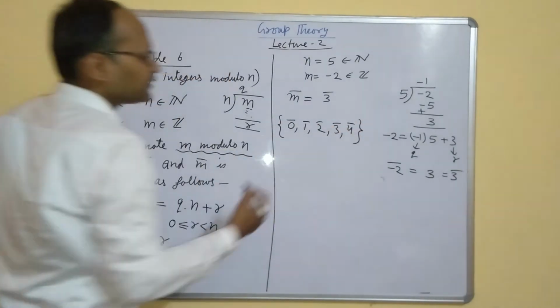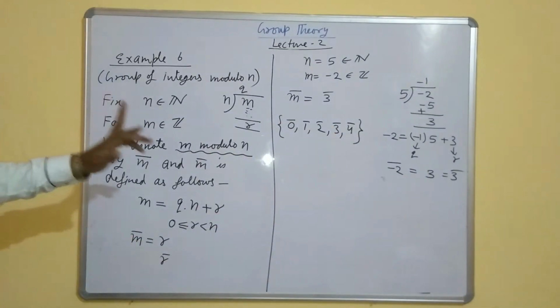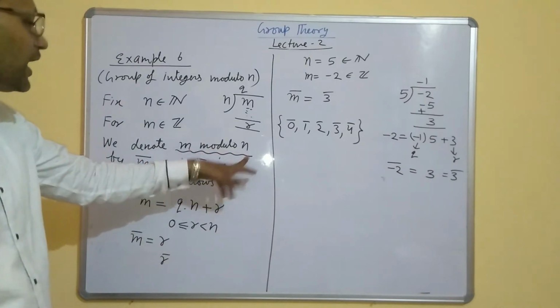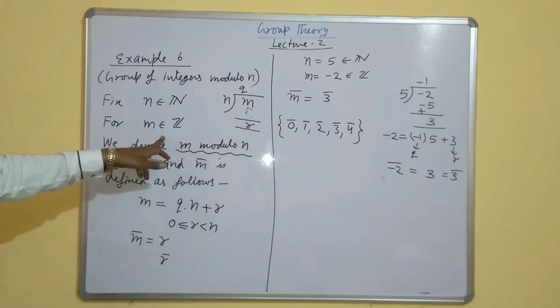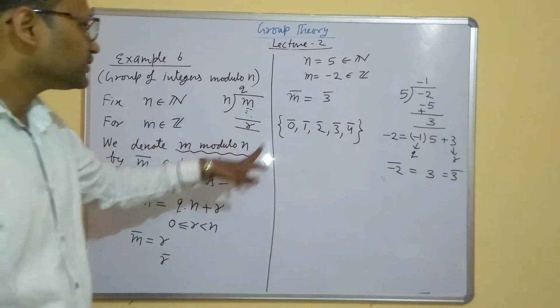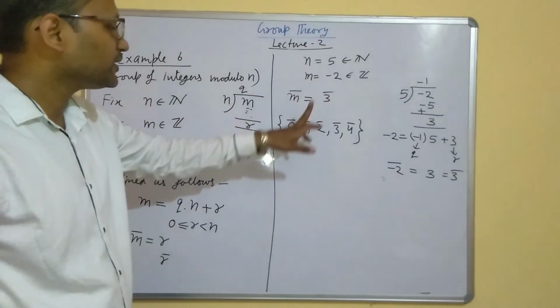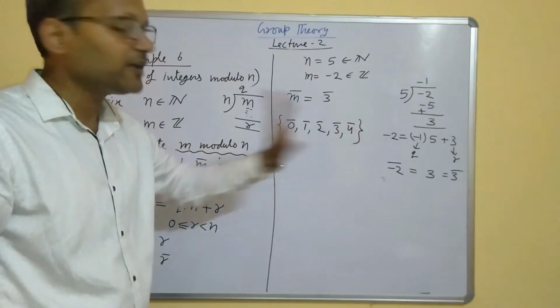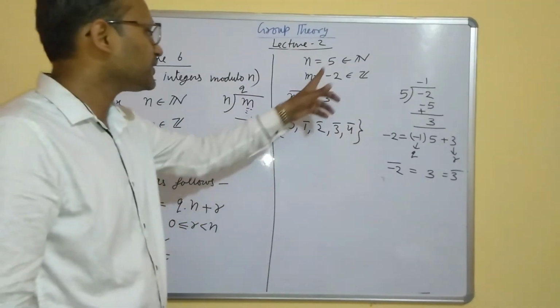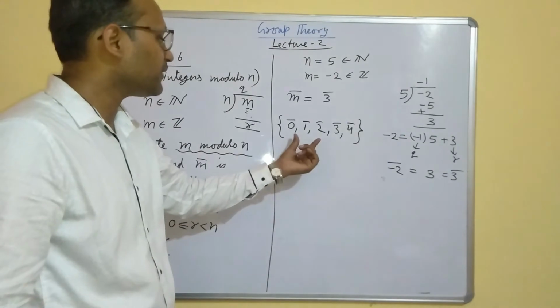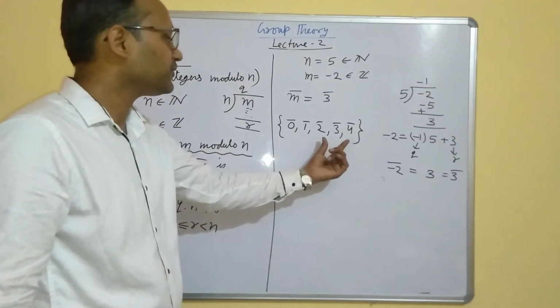When you take the modulo of all the integers with respect to n equal to 5, you will get only 5 numbers, and these are the remainders which you obtain after dividing the number by 5.